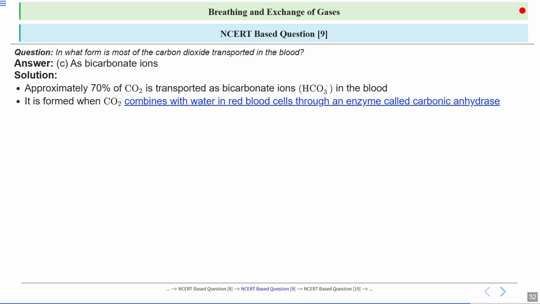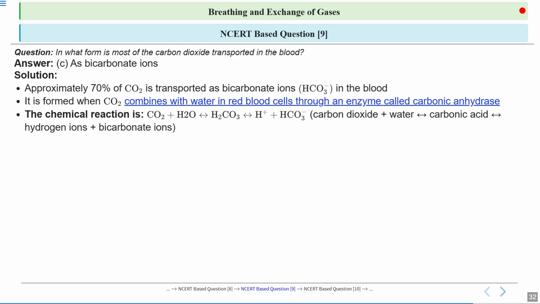This carbonic anhydrase is present in RBC only. So the chemical reaction is CO2 plus H2O gives H2CO3, carbonic acid, and this carbonic acid dissociates and forms hydrogen ion plus HCO3 minus, the bicarbonate ion, right?